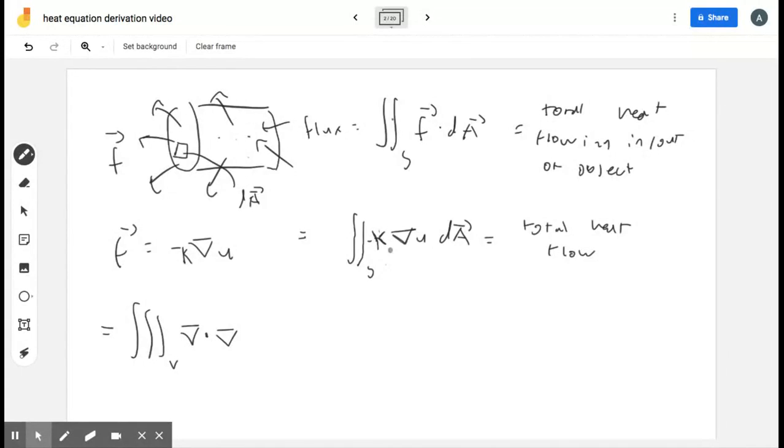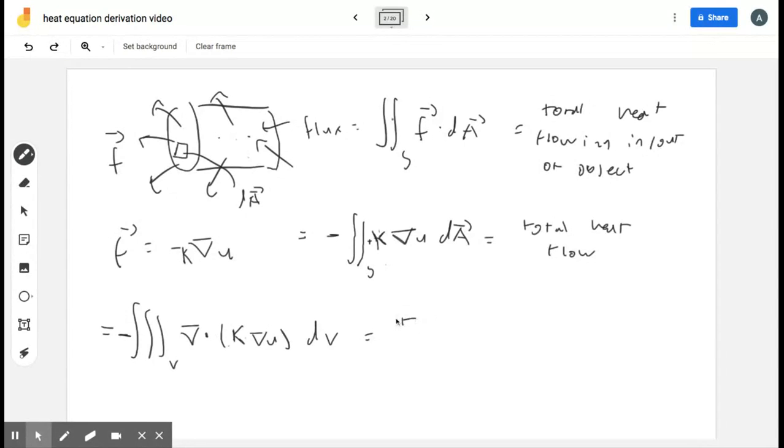So negative k times the gradient of u. We can bring the negative out here. That's going to be positive. So we get the divergence is equal to the triple integral of the divergence of k times the gradient of u dV. It's the negative of this, which equals the total.